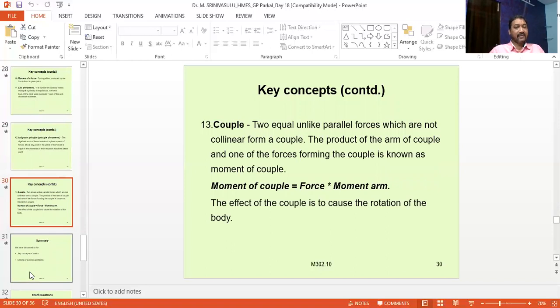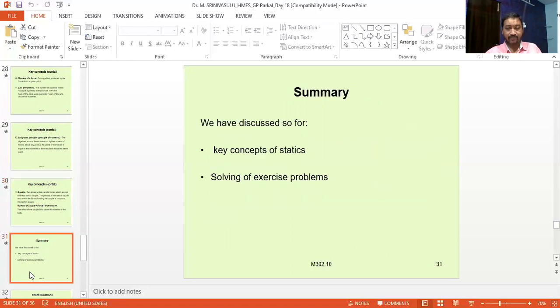And couple: two equal and unlike parallel forces acting on a body and separated by some distance form a couple, and the main effect of a couple is to produce rotation in the body. The moment of the couple is equal to force into the arm of the couple, that is force into distance.